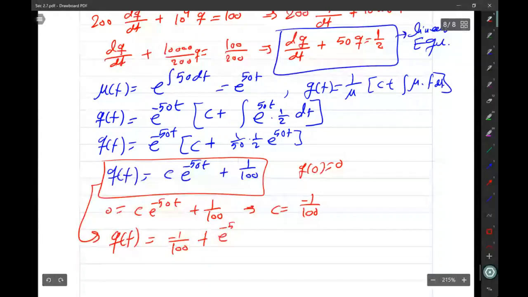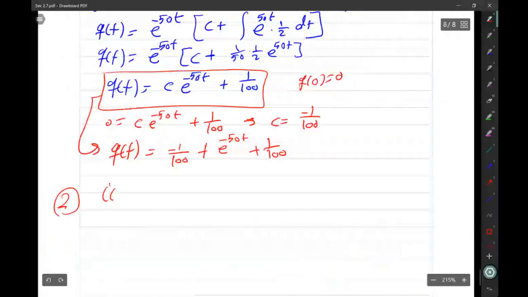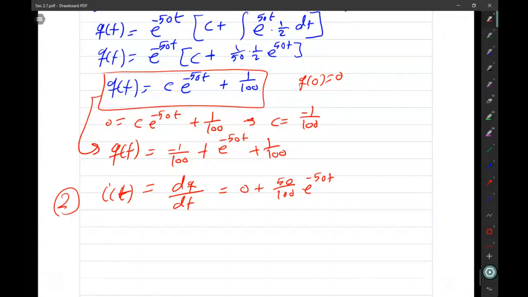Now, go back to the second part. He said find the current I of t. But I of t is equal to what? I of t is equal to dq by dt, which is 0 plus 50 by 100 e to the power minus 50t, which is equal to half e to the power minus 50t.